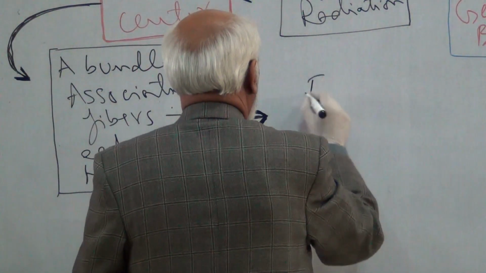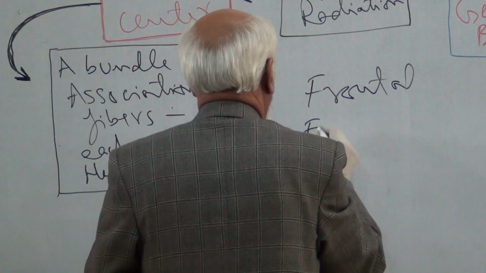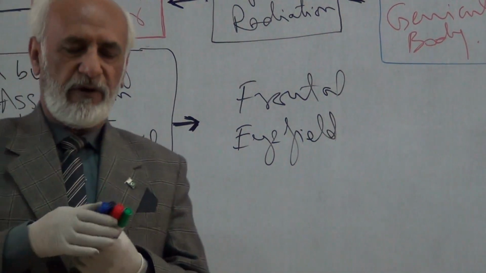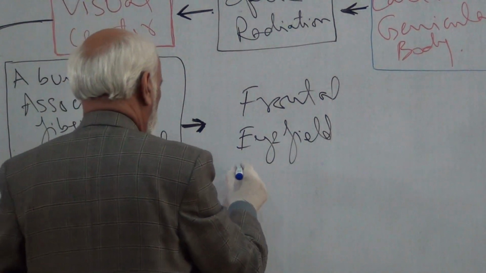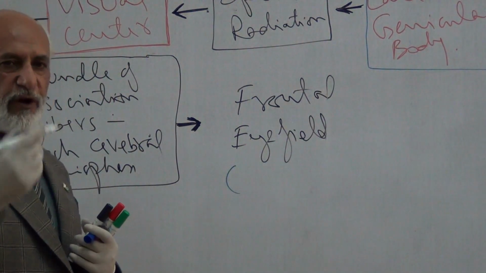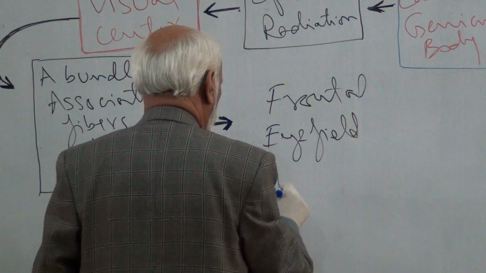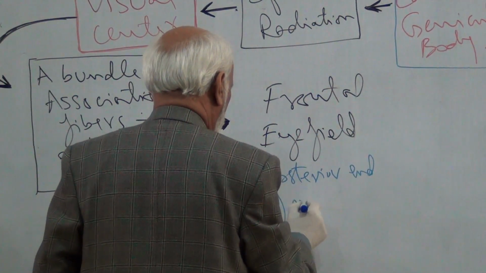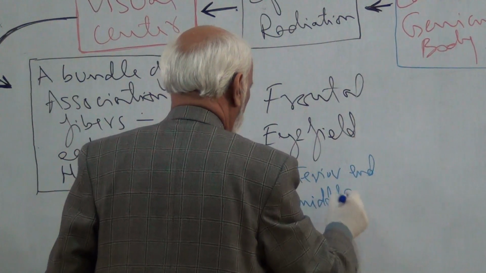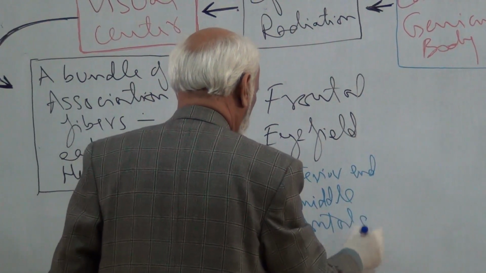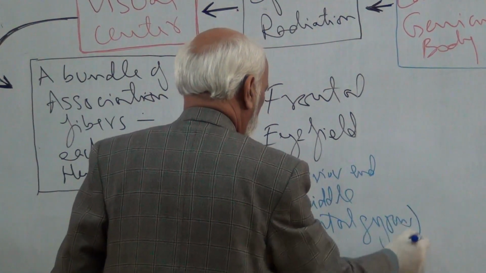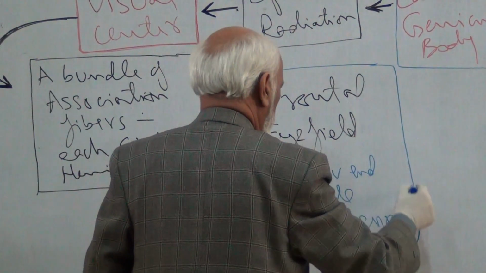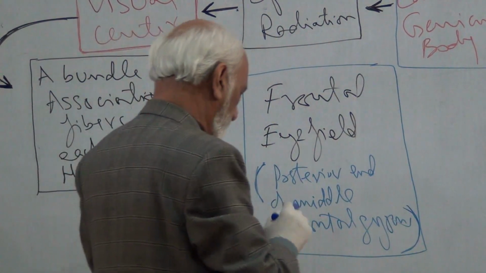The frontal eye field is on the supralateral surface of the frontal lobe of the cerebrum, at the posterior end of the middle frontal gyrus. I will explain it later with the help of a diagram.